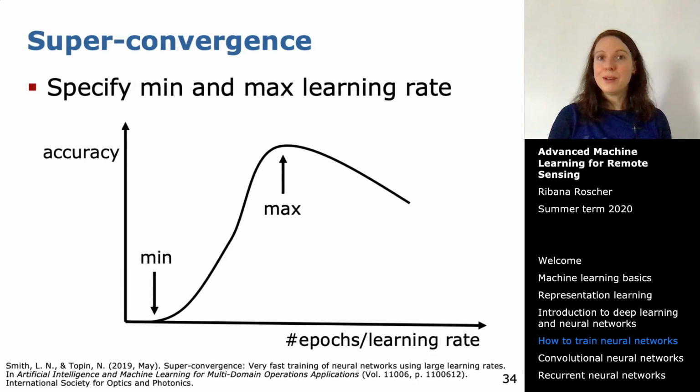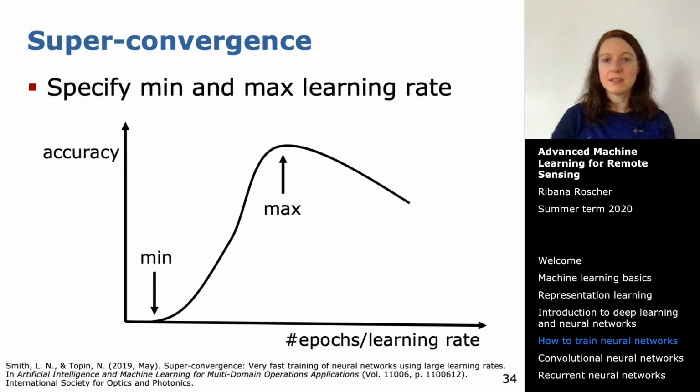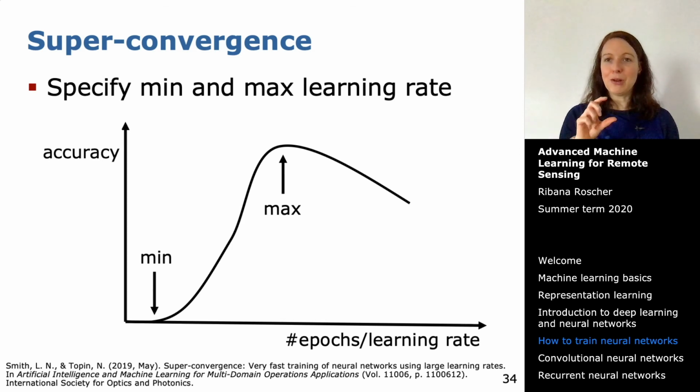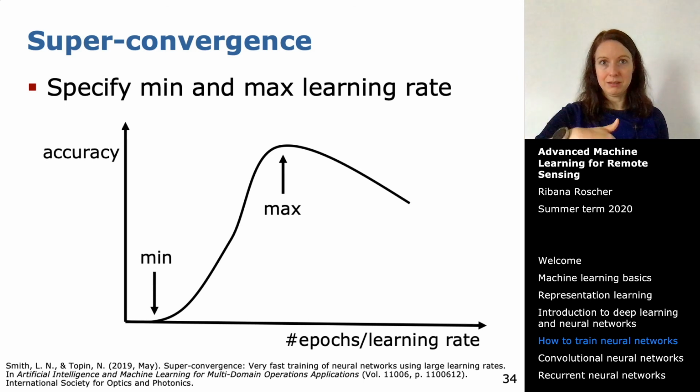Another really cool technique which came up in the last few years is the so-called super convergence. That was quite interesting because it contradicts exactly what I told you in the last slides, that you start with a high learning rate and end up with a small one.